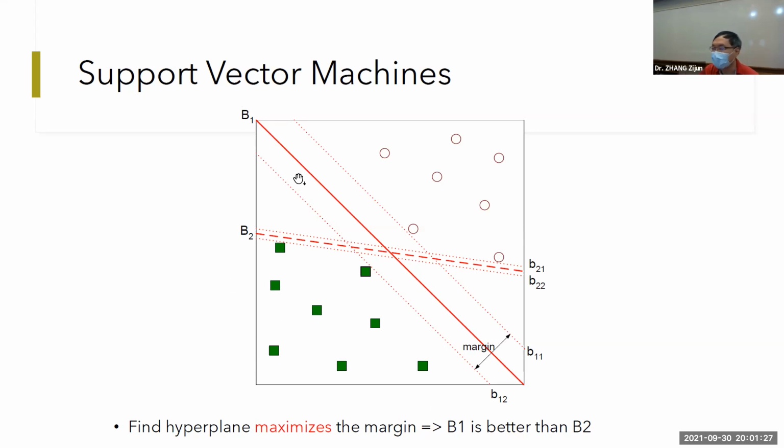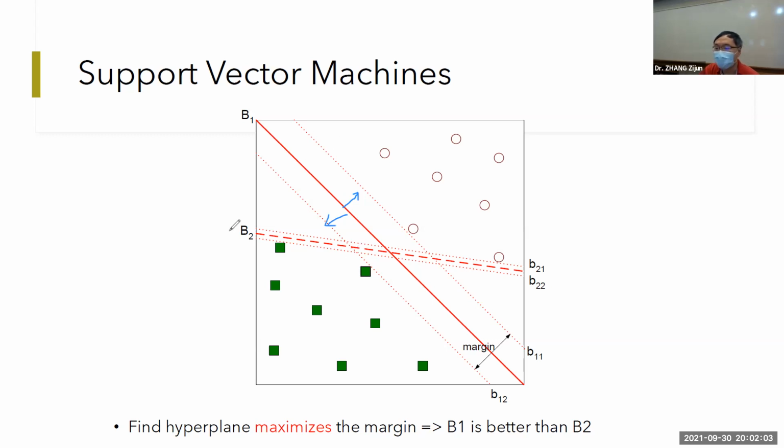The margin means the area. If we check B1 and B2, we use the same slope to move B1 across the direction and touch the first point of one class of data points, and move it from the other side to touch the first data point of the other class.